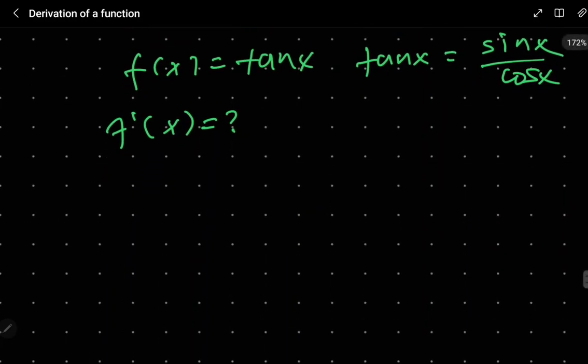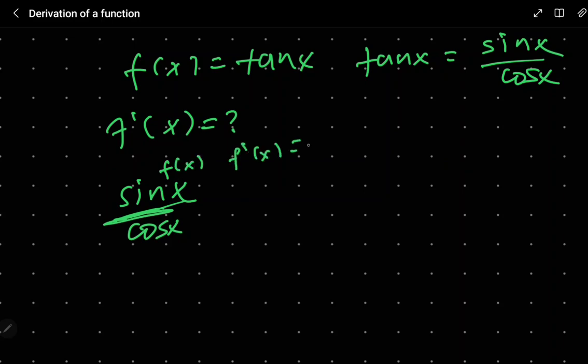So you split the numerator and denominator: the above one is f of x, and f'(x) is cos x. The bottom one is g of x, and the derivative of g of x is minus sin x.